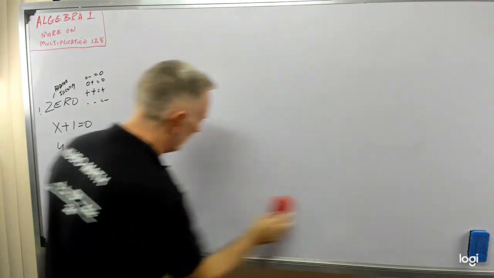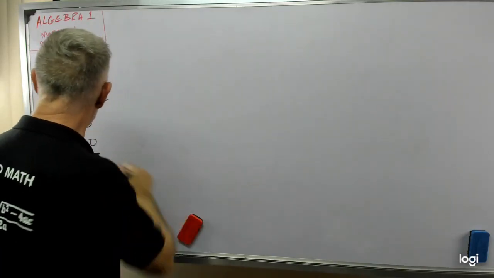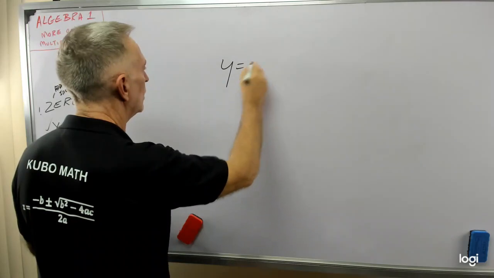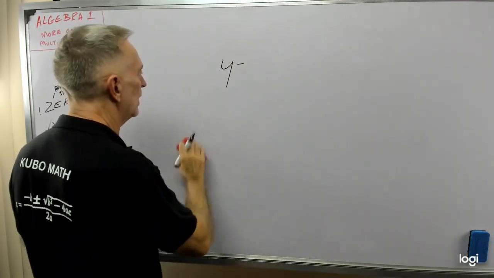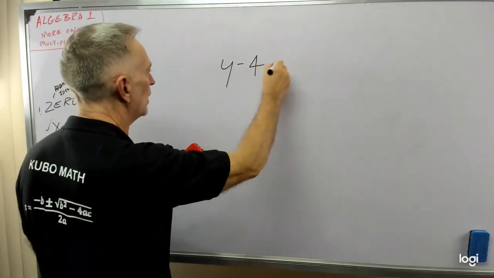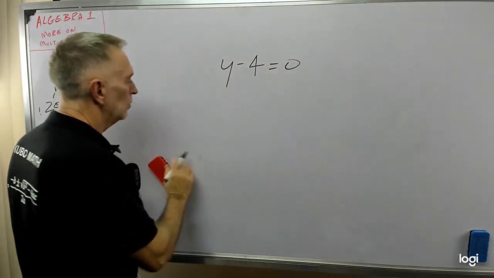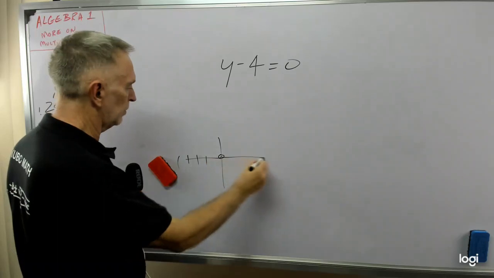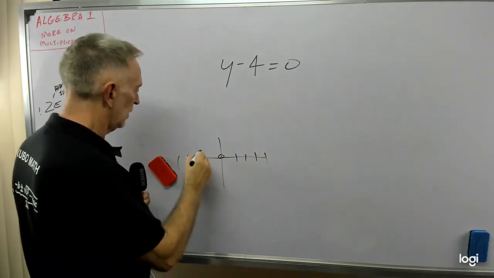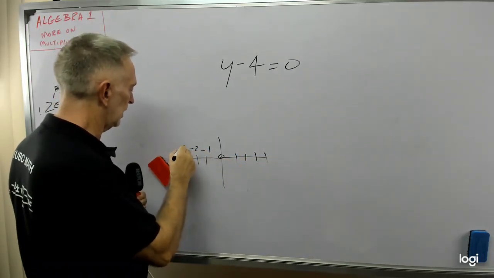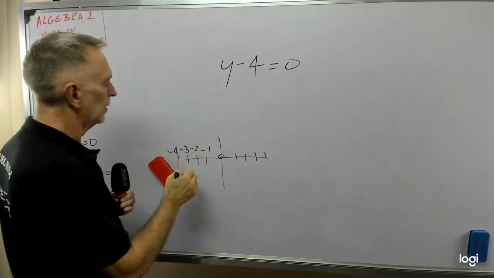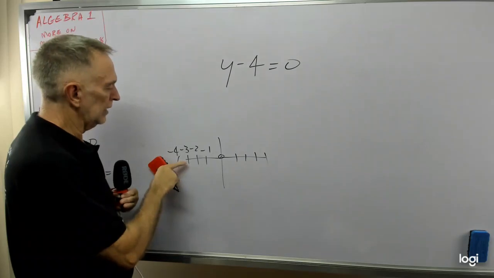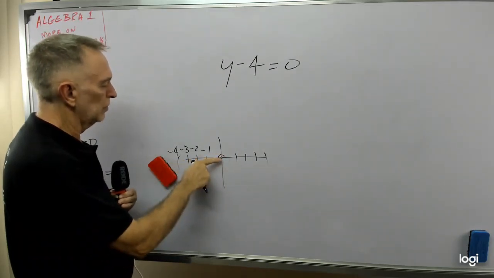This is exciting already. Okay, y minus 4 equals 0. Well, I should write that down correctly. Y minus 4 equals 0. Now, if this is 0, 1, 2, 3, 4, negative 1, negative 2, negative 3, negative 4, I'm at a negative 4, and I need to get back to 0.